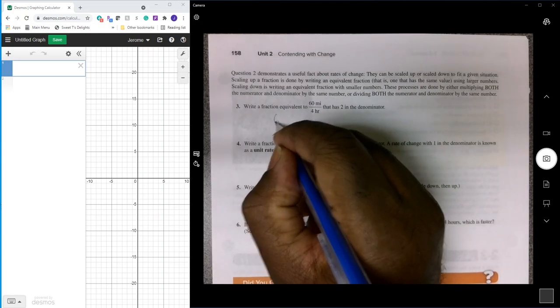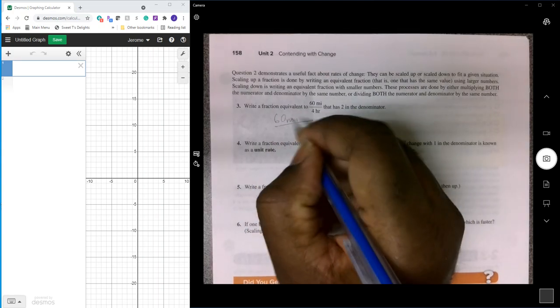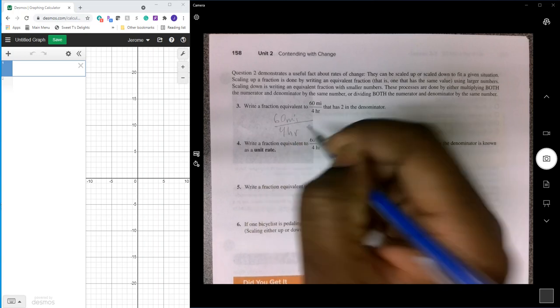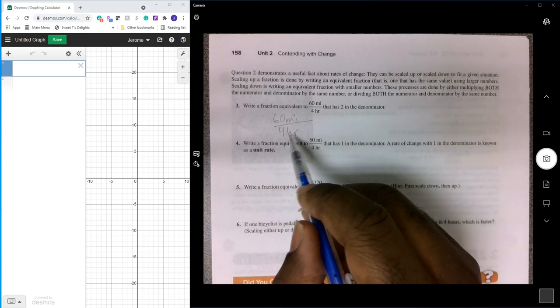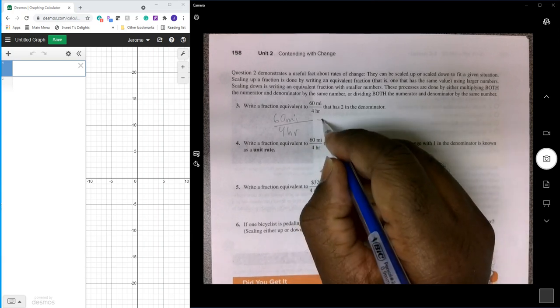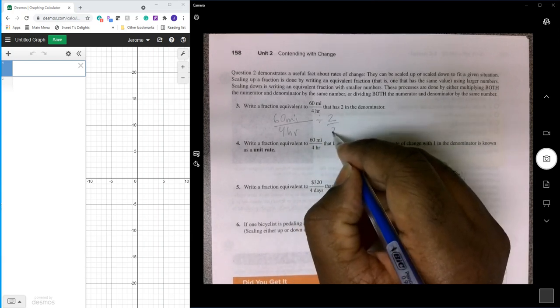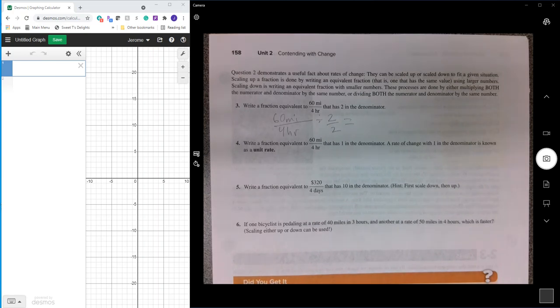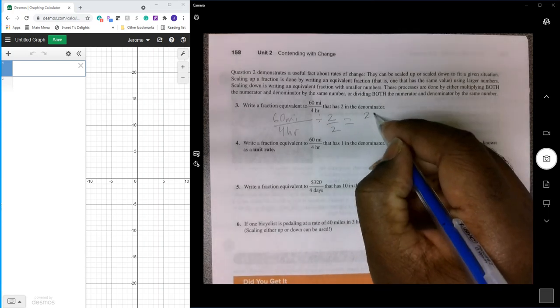So for number three, it says write a fraction equivalent to 60 miles over 4 hours that has 2 in the denominator. So we have 60 miles over 4 hours. They want the denominator to be 2. So we ask ourselves, 4 divided by what is 2? And we know that it's 2. So we'll divide the numerator and denominator by the same value.